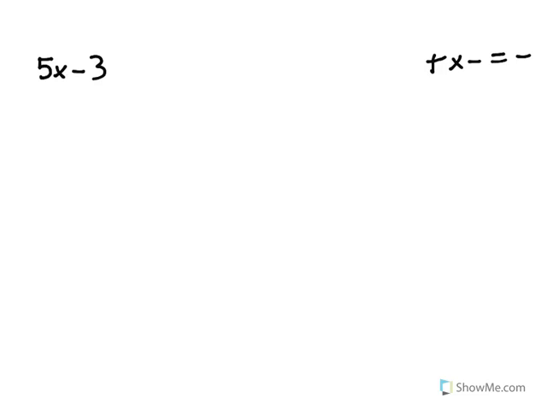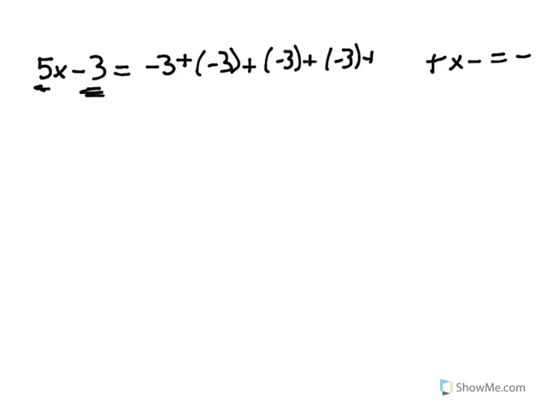It means 5 lots of the number minus 3, which would be the same as saying minus 3 plus minus 3 plus minus 3 plus minus 3 plus minus 3.